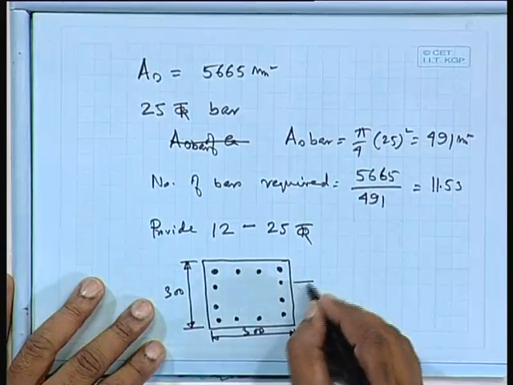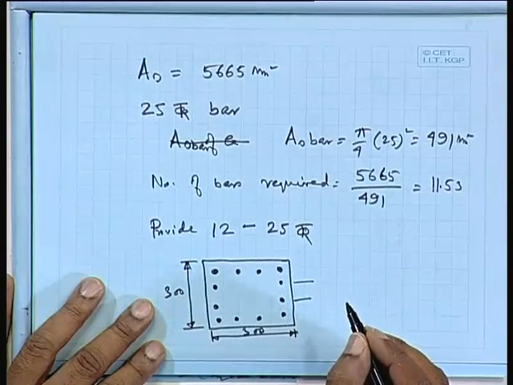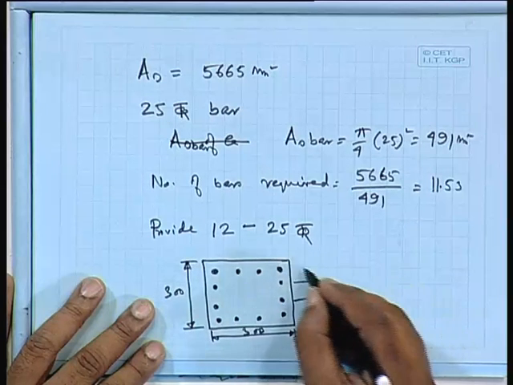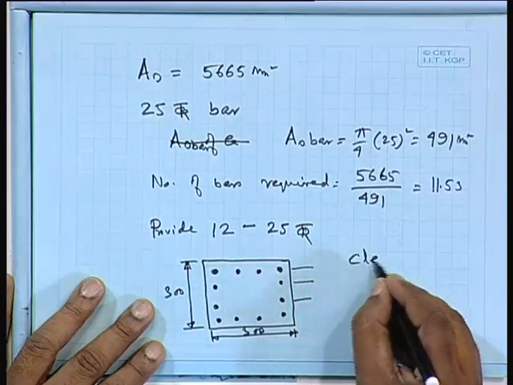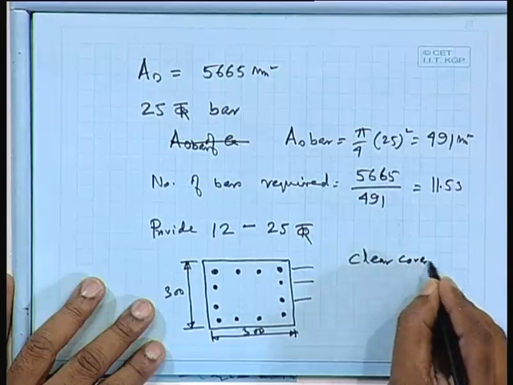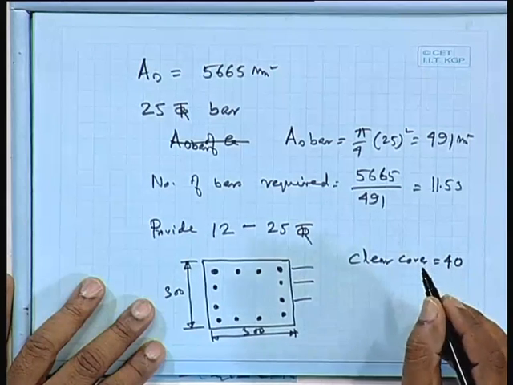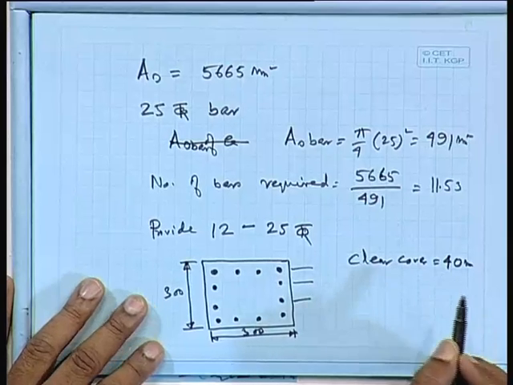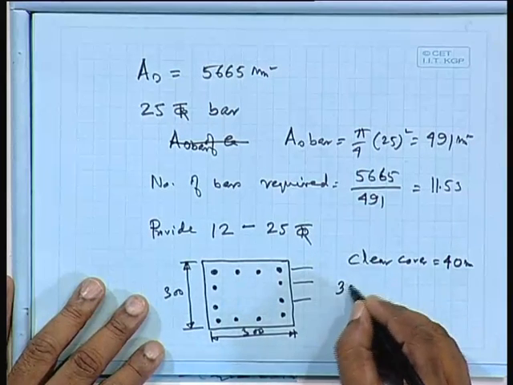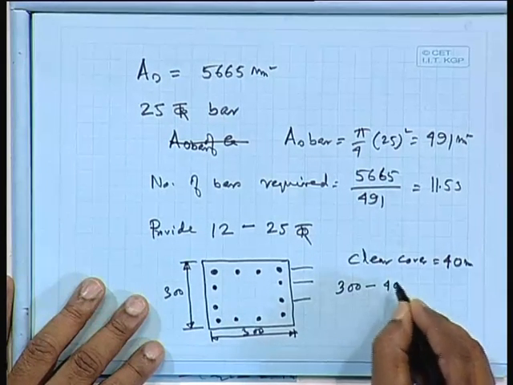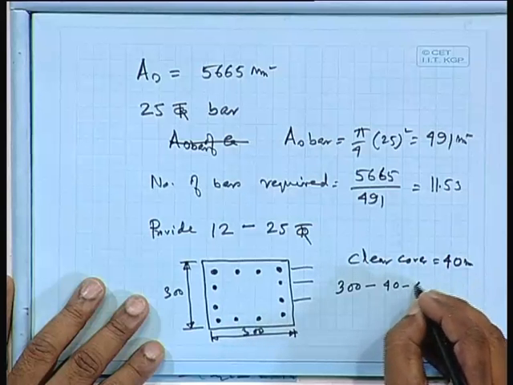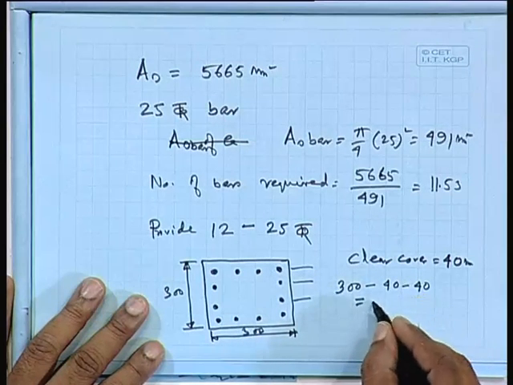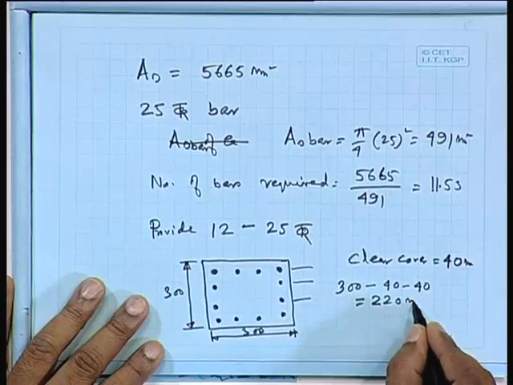So, what is the spacing we are getting here? The clear cover for columns is 40 millimeter. Clear cover is 40 millimeter for columns. So, from both sides, 300 minus 40 comes as 220 millimeter.